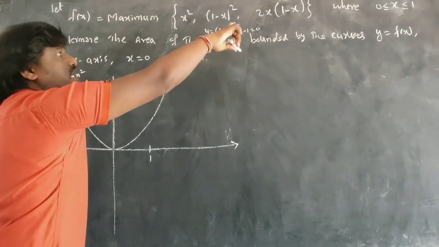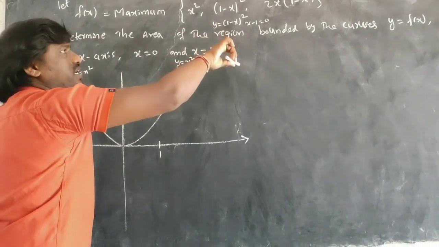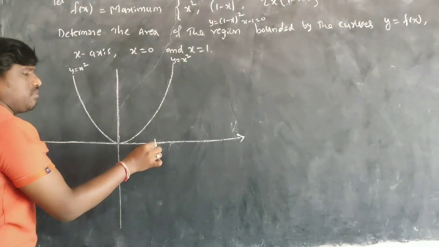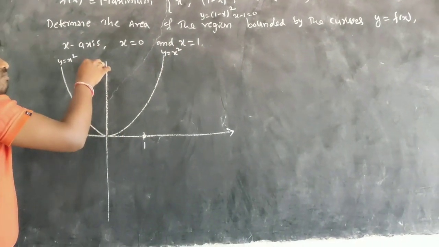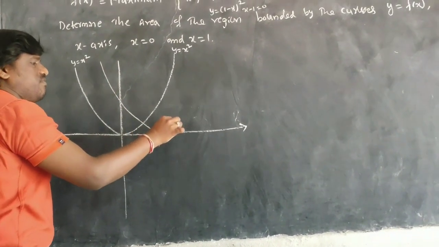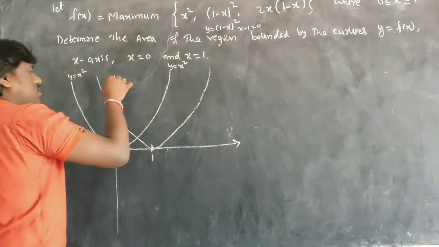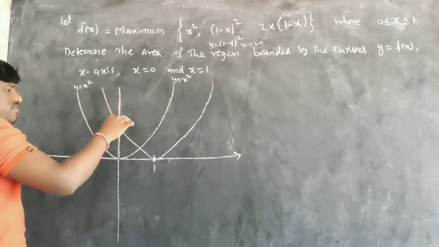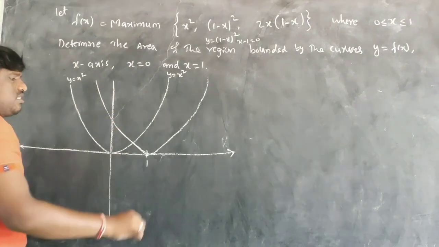Equal roots means it touches the axis at one point and moves on. So the graph of this function will be like this. This is the graph of another function.